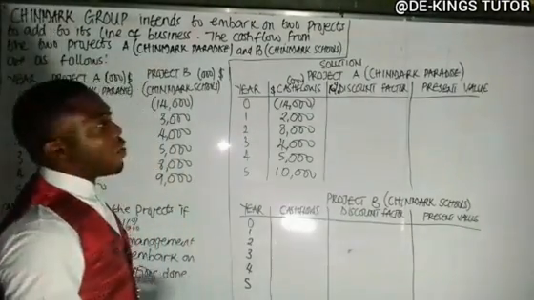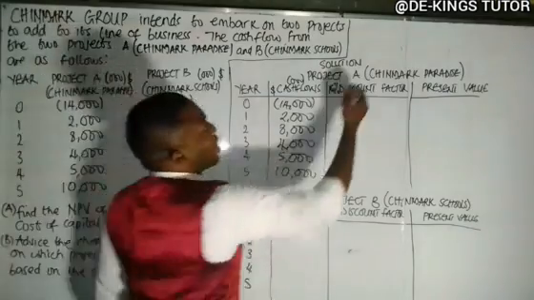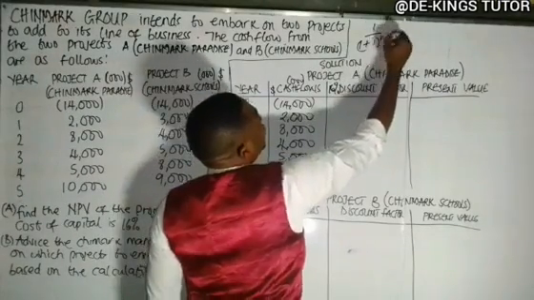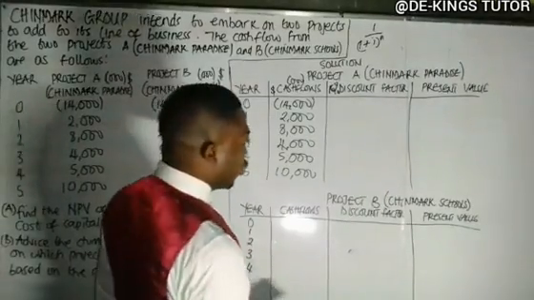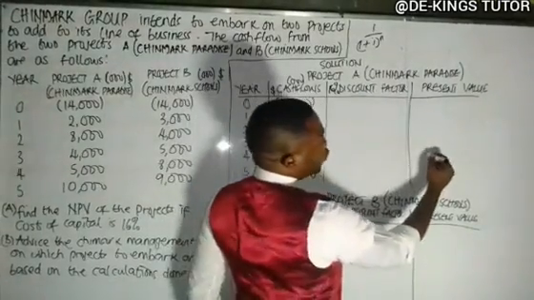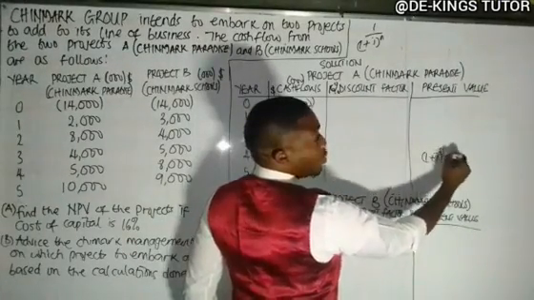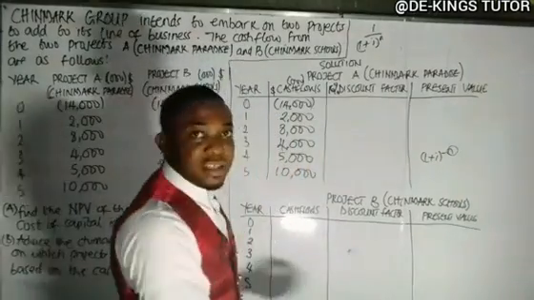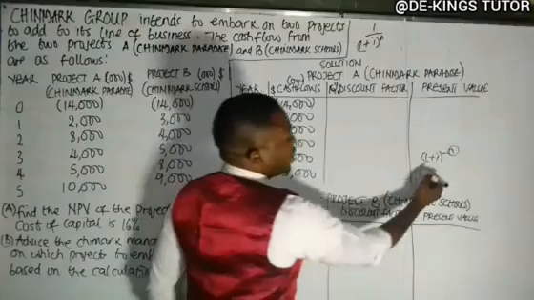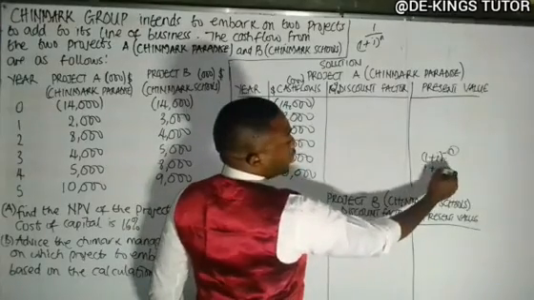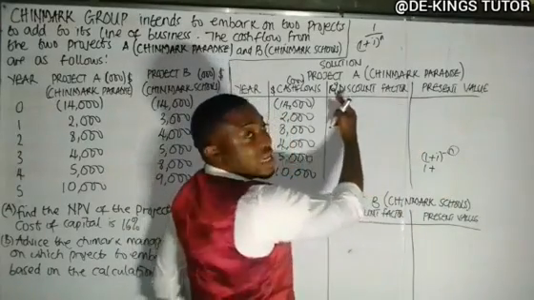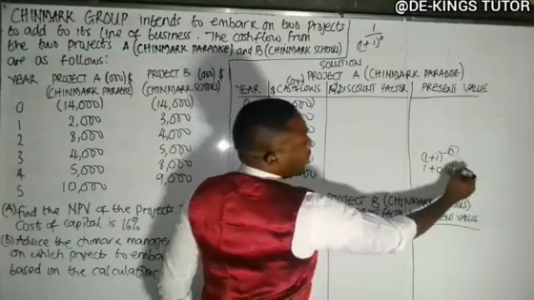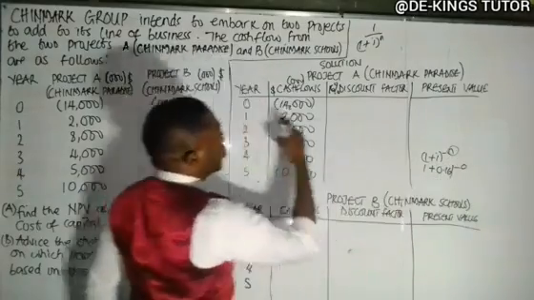Now I told you how we can get our discount factor. I said it is 1 over 1 plus i raised to power n. Okay, or it can also be 1 plus i raised to power minus n. And this n stands for the different number of years. So to get for the first one, it will be 1 plus i, where i is 16%, that is 0.16, raised to power minus 0.